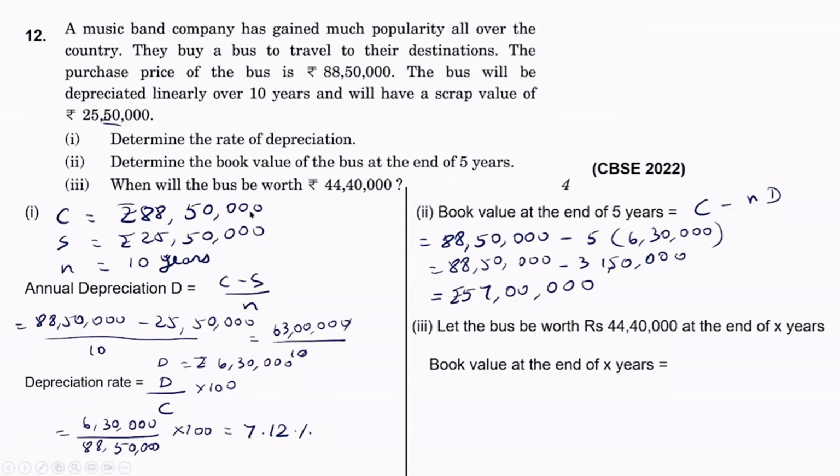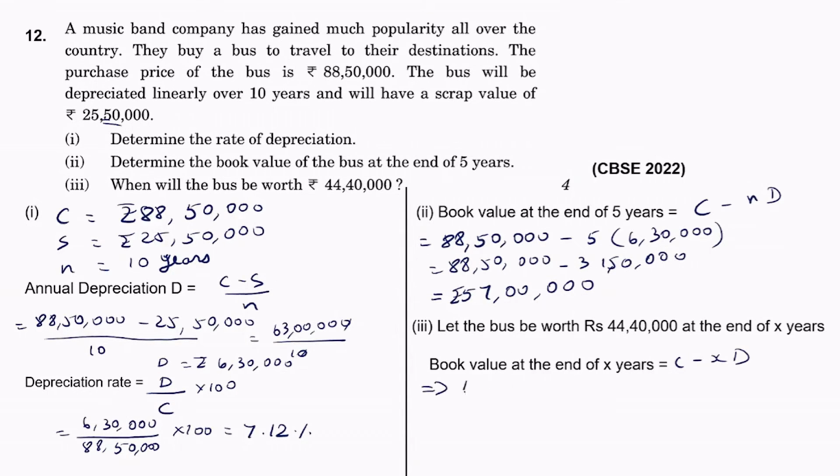And next question, when will the bus be worth rupees 44,40,000? So let us take, let the bus be worth rupees 44,40,000 at the end of X years. So book value at the end of X years, it is given by C minus X into D. So we want to find when it will be 44,40,000.